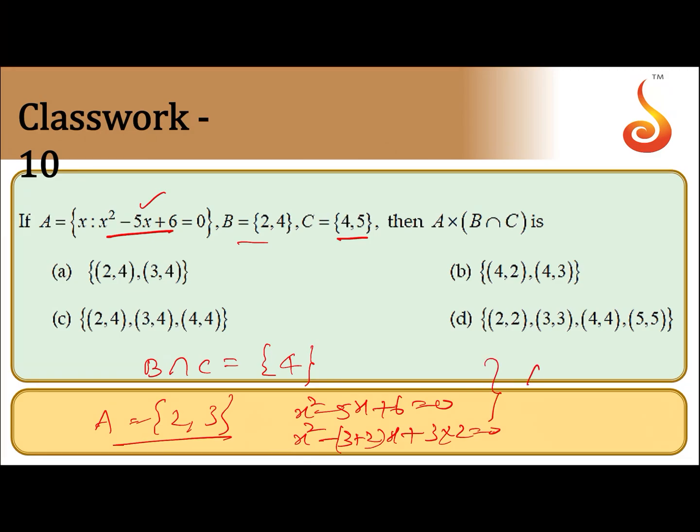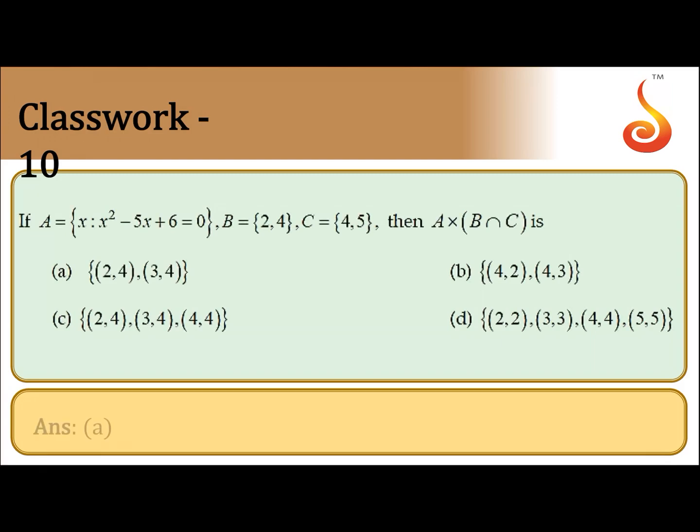Now let me calculate A cross (B intersection C), which is the cross product of the set {2, 3} with the set {4}. Therefore (2, 4) and (3, 4) is the only answer. So the answer is the first option. The possibility is only the first option here.